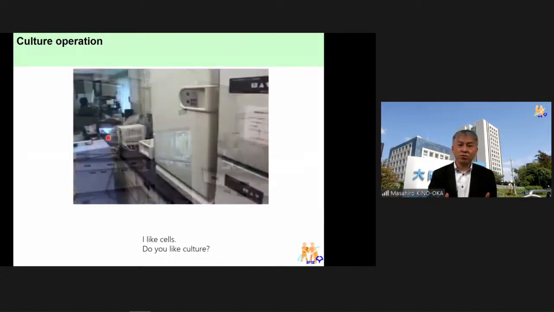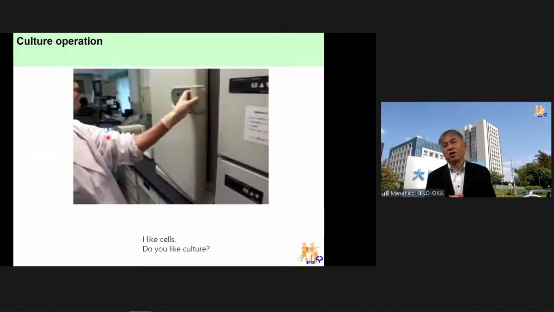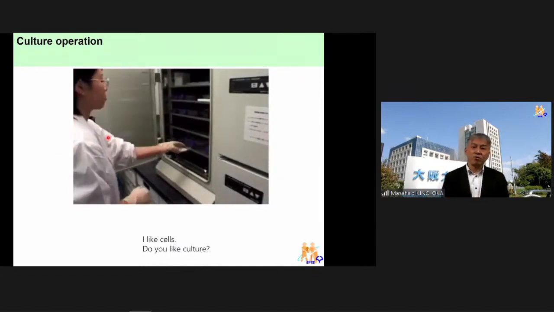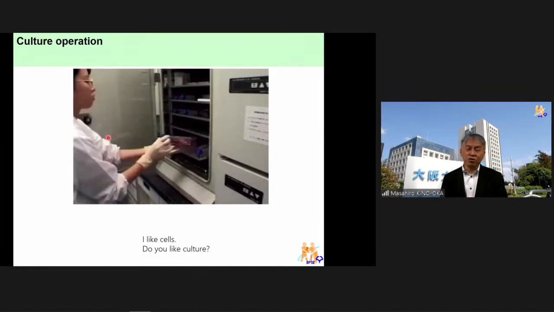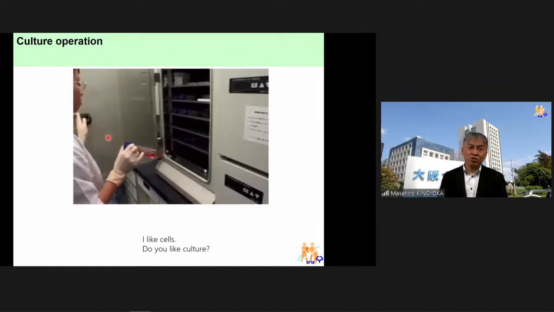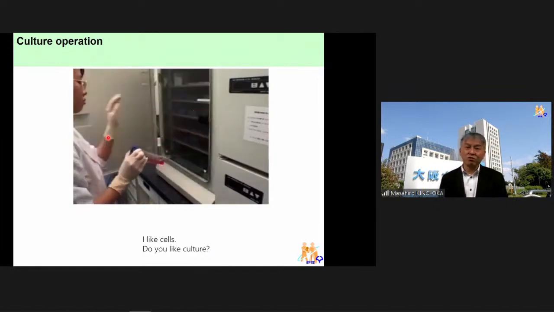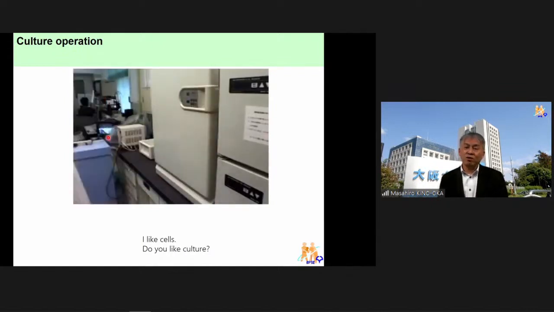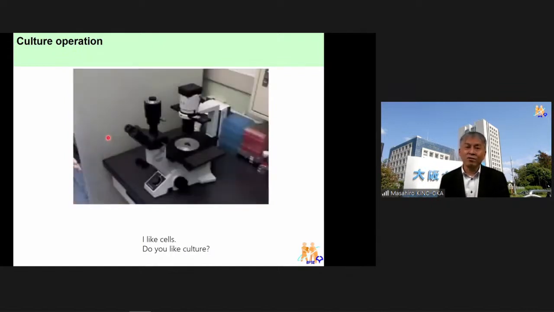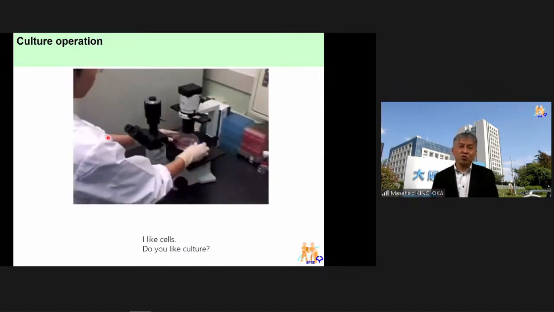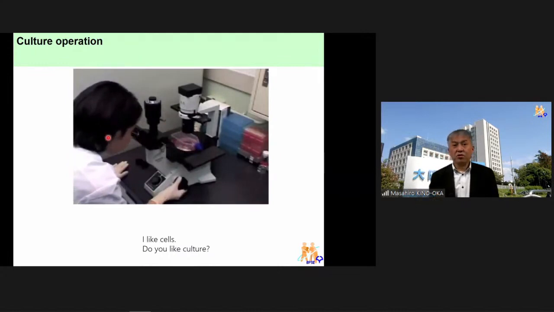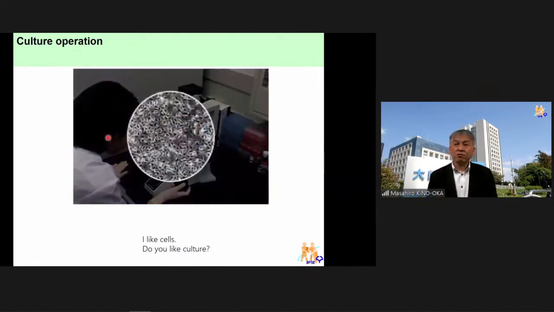First, I want to introduce how to cultivate. For example, today at 5 o'clock, before leaving the university, one student is checking the cells because she is a very good person. She wants to care for the cells well. So before leaving, she wants to check the cells. We found many cells. What shall we do?